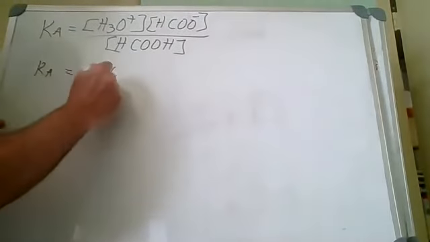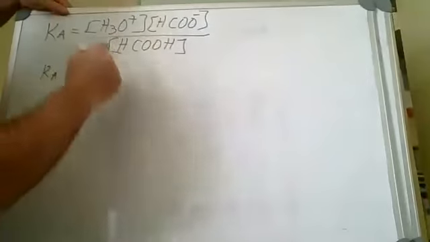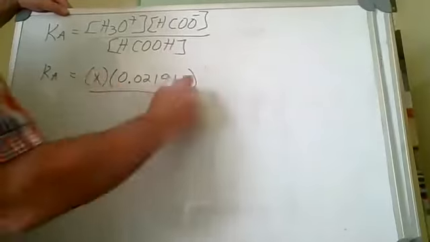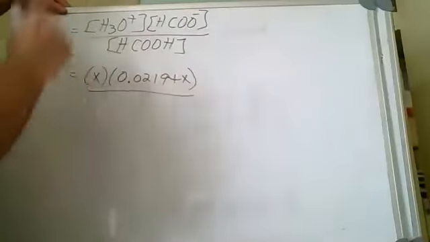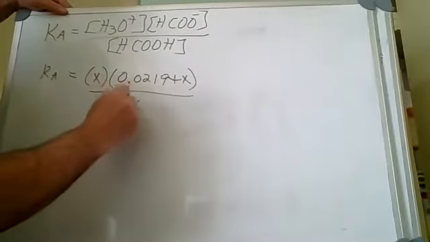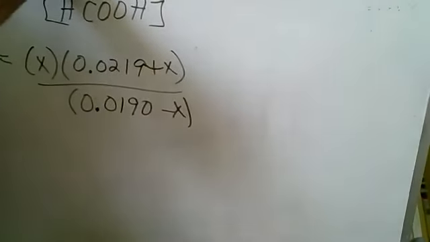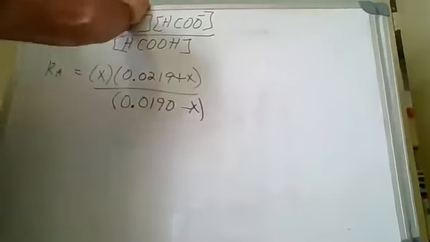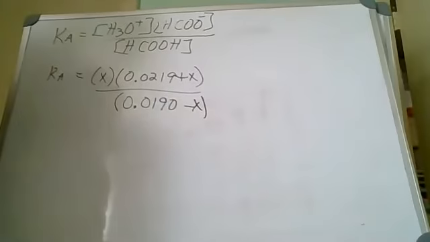So this is going to be X, and the formate anion was 0.0219 plus X, divided by the concentration of the free acid, which should be 0.0190 minus X. Let me just double check and make sure those are correct. Yeah, that looks good. Everybody see that?